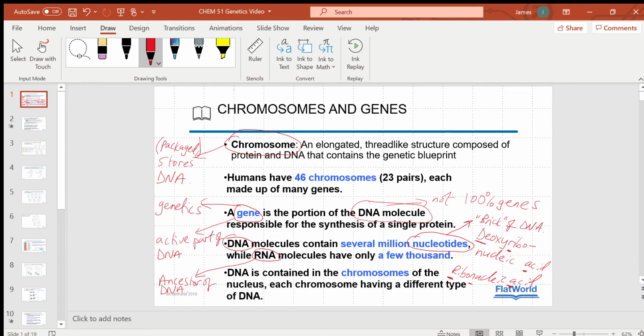Again, we said that DNA is contained in the chromosomes. So imagine the chromosome is like, not to totally lose any kind of standard, the suitcase in which DNA is packaged.